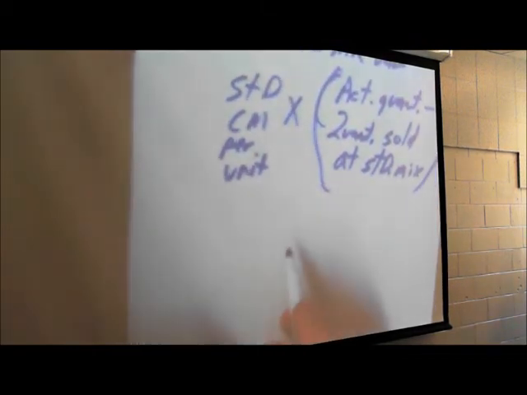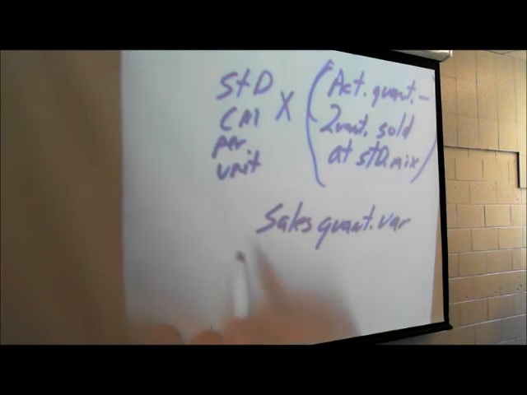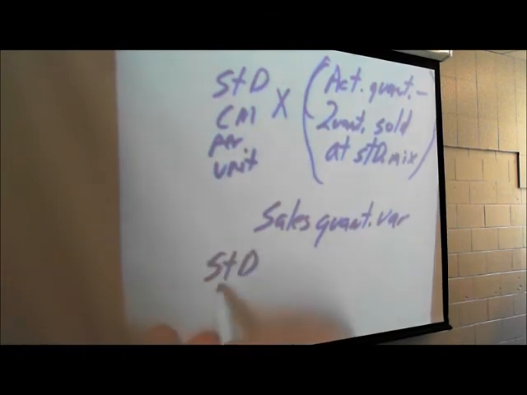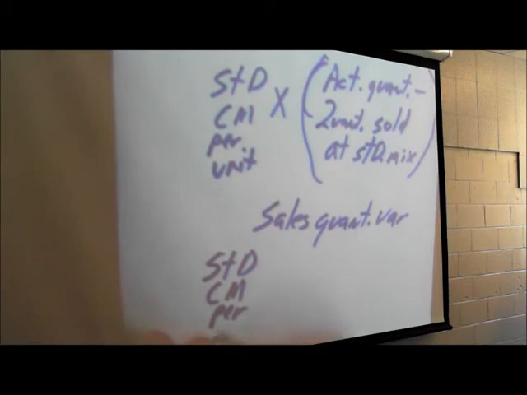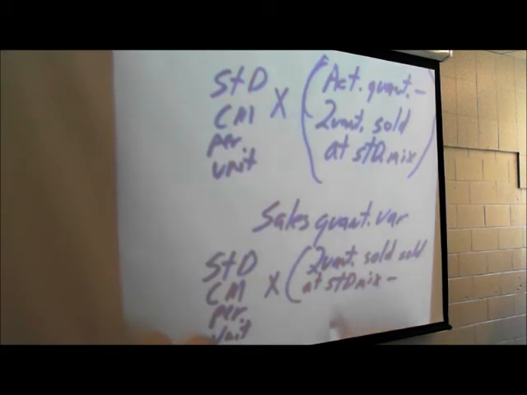It's the standard contribution margin per unit, again, times the quantity sold at standard mix minus the budgeted sales quantity.